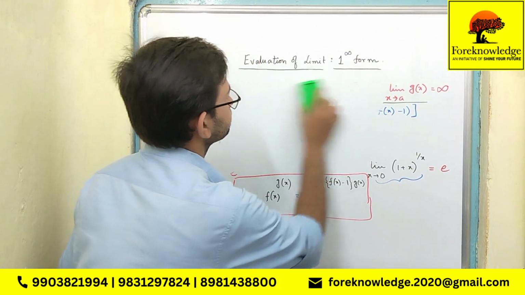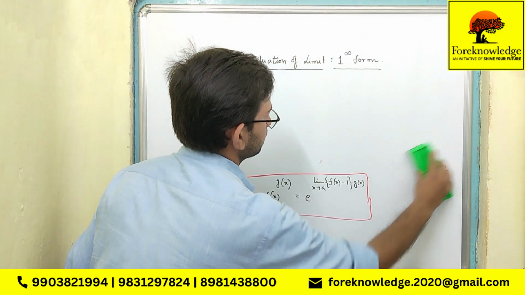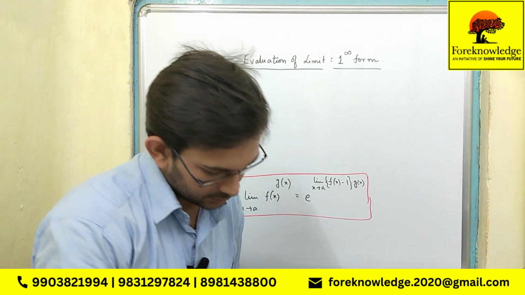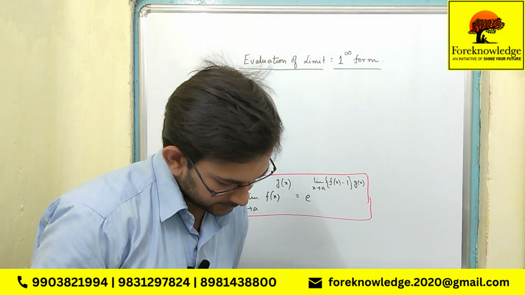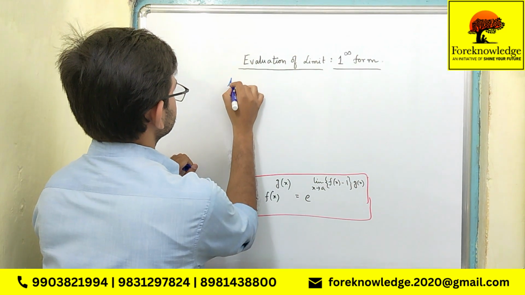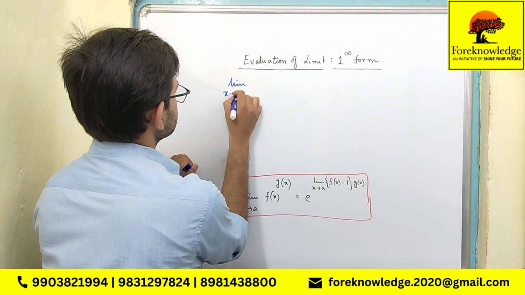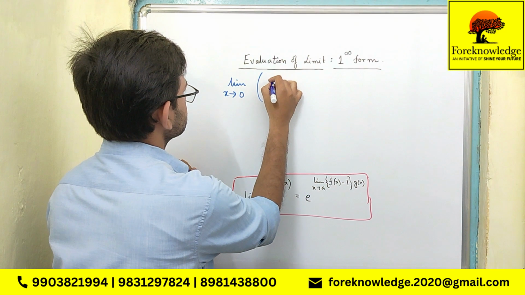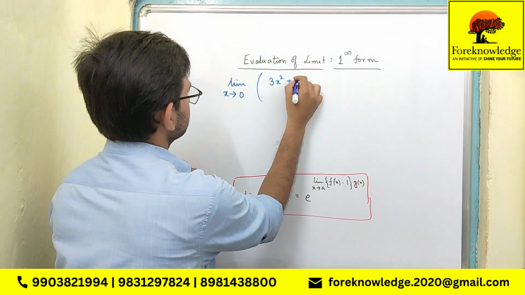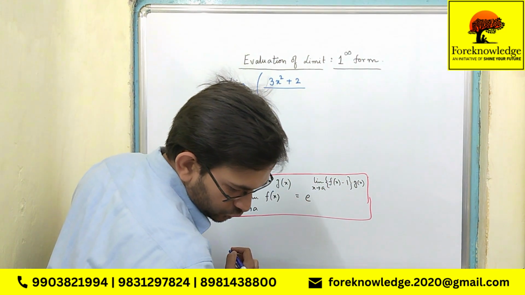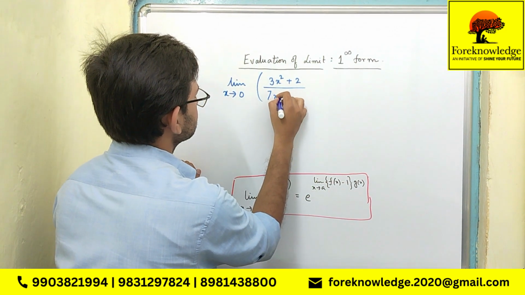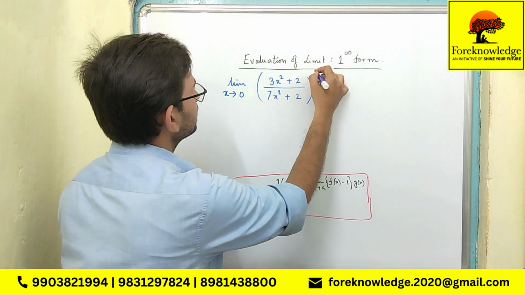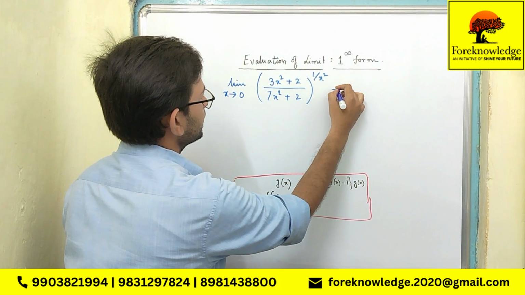So the problem says: limit x tends to 0, (3x square plus 2 by 7x square plus 2) whole to the power 1 by x square equal to.